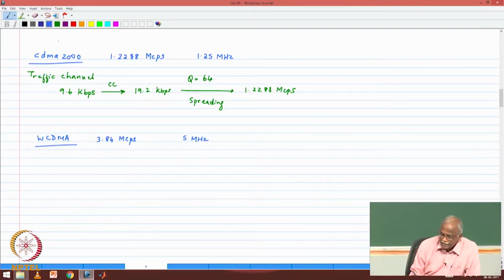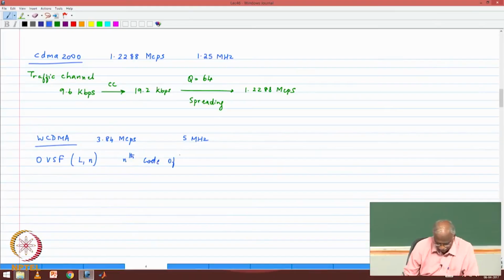So in this case, the spreading factors are not from the Walsh-Hadamard family, but they are from the OVSF set. OVSF L comma N represents the nth code of length L, where length L can be 2 squared, 2 cubed, 2 to the power 4, and so on.